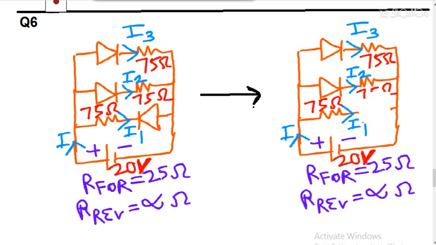So this will be the open circuit diode now. This is the open circuit from here. So that means this is the 75. No current will flow through this one.